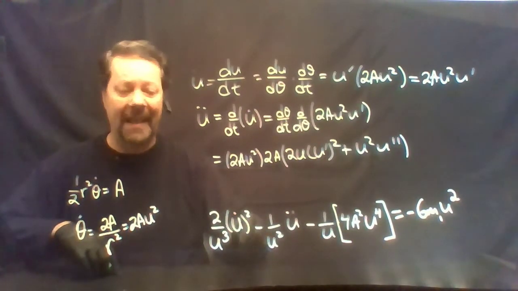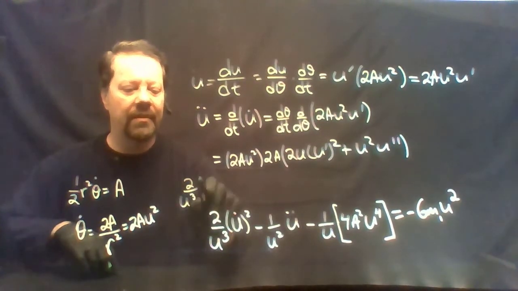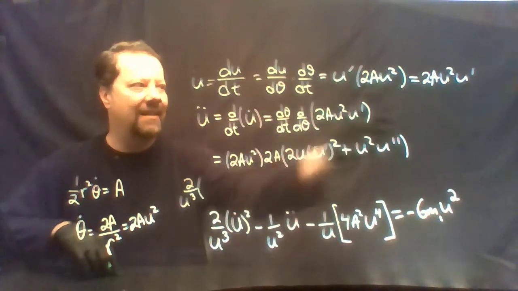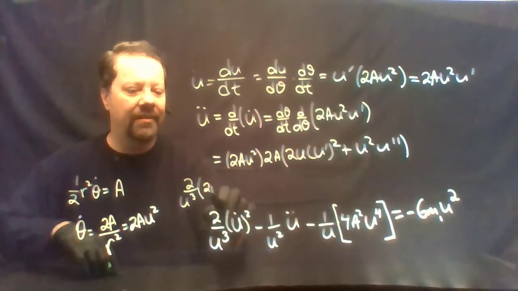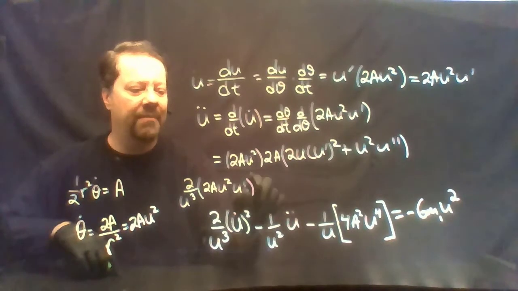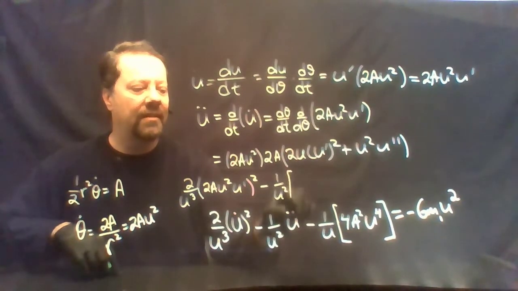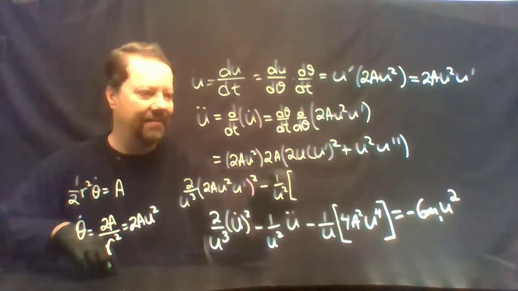You can see that we will have 2 over u cubed. U dot gets replaced by 2A u squared u prime, but that gets squared, minus 1 over u squared times u double dot.